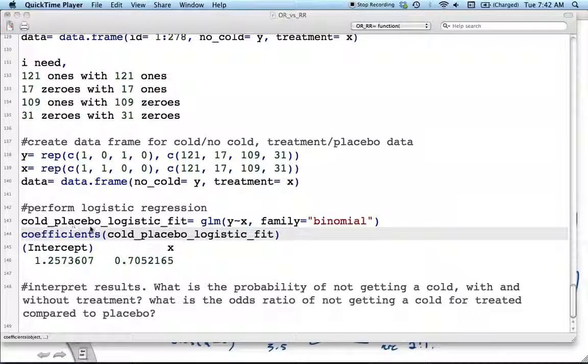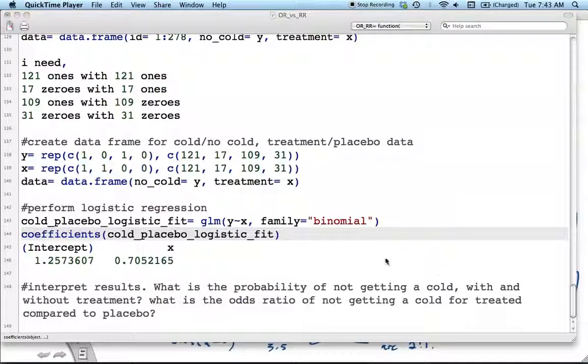Okay, so once you run the model, you ask for the coefficients from the model, and it gives them to you. So now all that's left is interpreting the results. There's going to be two questions that we answer. First, what is the probability of not getting a cold, both with and without treatment?